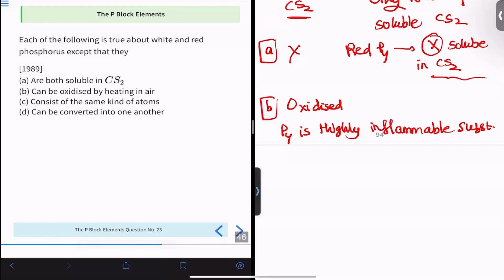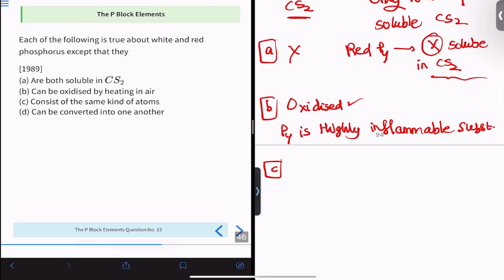What does it mean? That means it can be easily oxidized in air. If you expose it to even the slightest amount of oxygen, it will start burning. It will start being oxidized. So option B is correct.